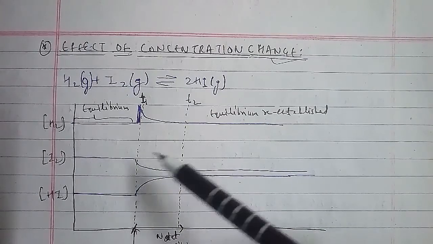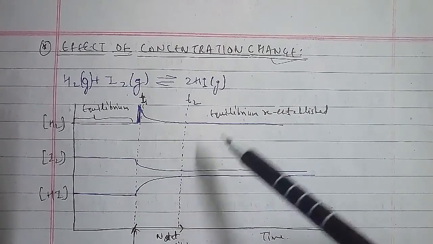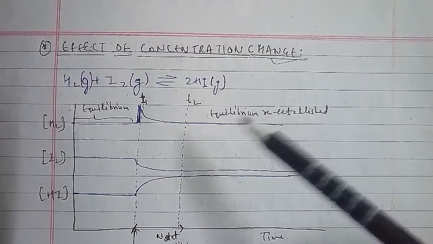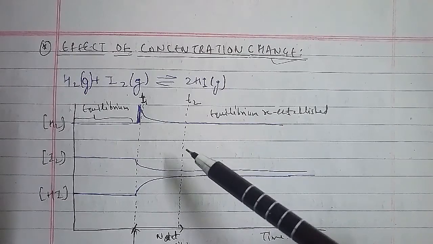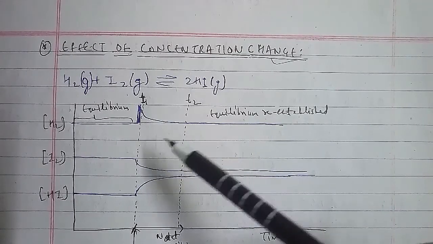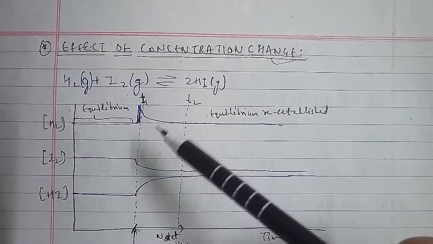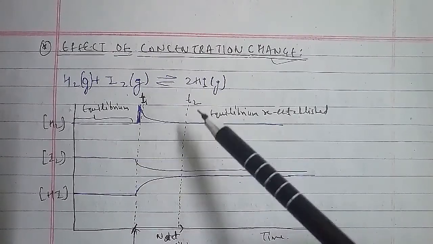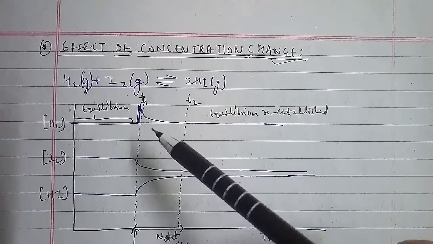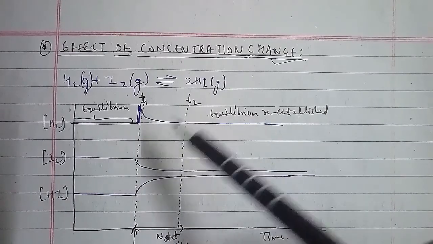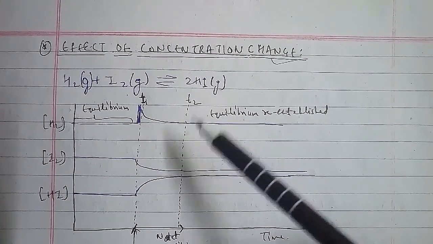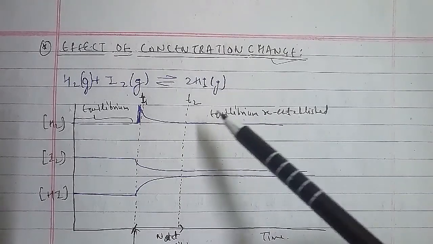Let us take the reaction mentioned here: H2(g) + I2(g) gives 2HI(g). If H2 is added to the reaction mixture at equilibrium, then the equilibrium of that reaction is disturbed, and in order to restore it, the reaction proceeds in a direction wherein H2 is consumed.